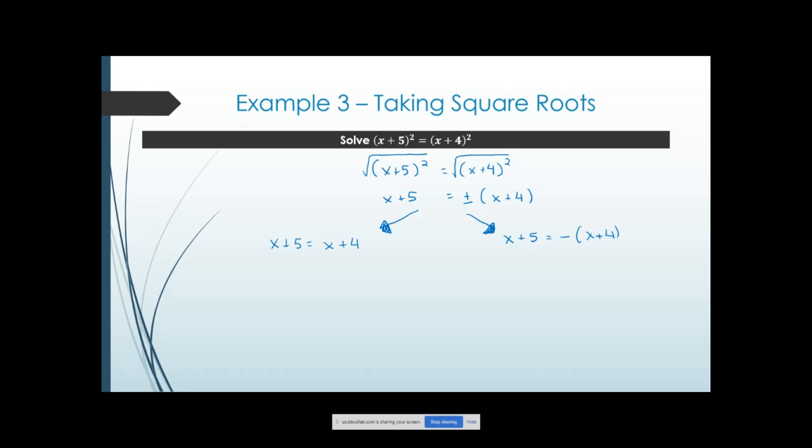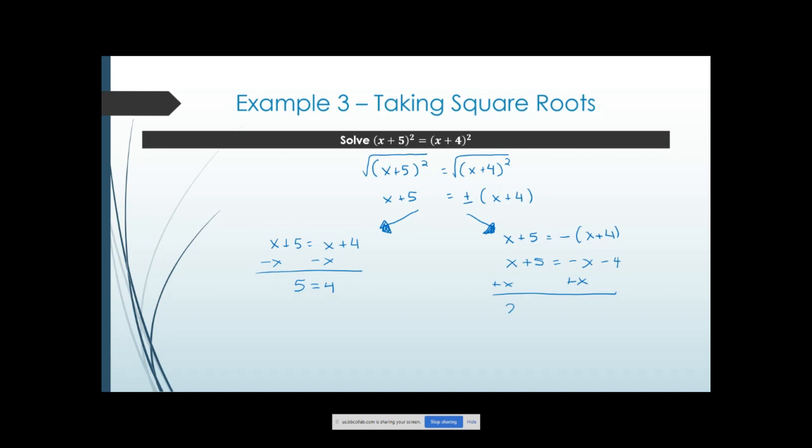And now I need to solve each of these for x. So on the left, I'm going to subtract x from both sides. And I get x minus x, which is 0, and you get 5 equals 4. So you don't get a solution from that one. Now on the right, I need to distribute that negative parentheses first. So I have x plus 5 equals negative x minus 4. So now I'm going to add x to both sides.